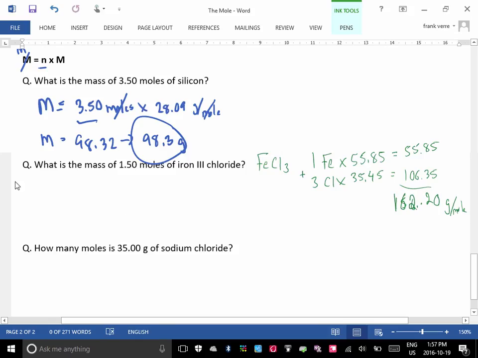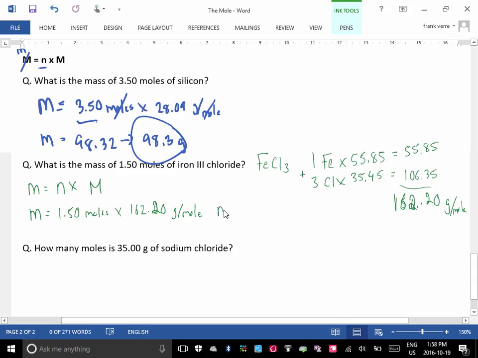Now, what's the mass of 1.5 moles? So the mass, little m, is the number of moles times the molar mass. The molar mass we just worked out. So it's 1.50 moles times 162.20 grams per mole.